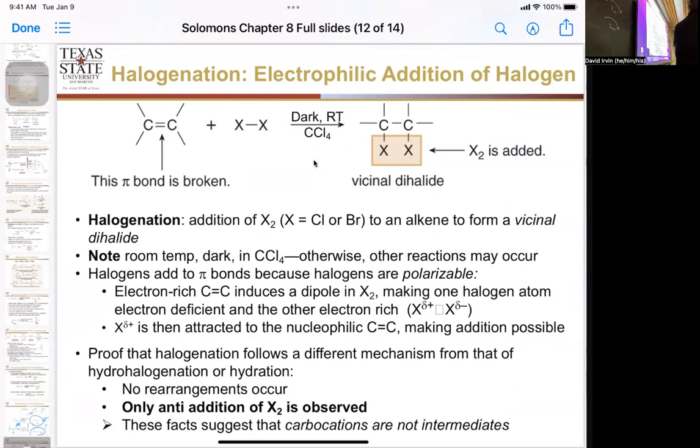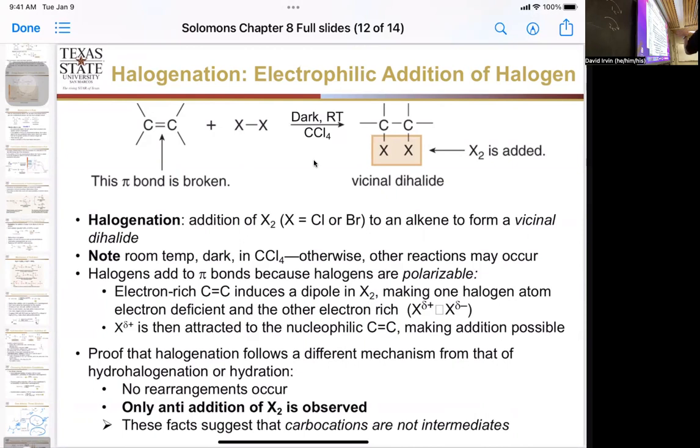Notice that we do it in the dark, at room temperature, in a solvent called carbon tetrachloride. Carbon tetrachloride does not participate in the reaction. It's just a solvent that can't be halogenated. It already has halogens. It's also a non-polar solvent, because all the dipoles cancel out.